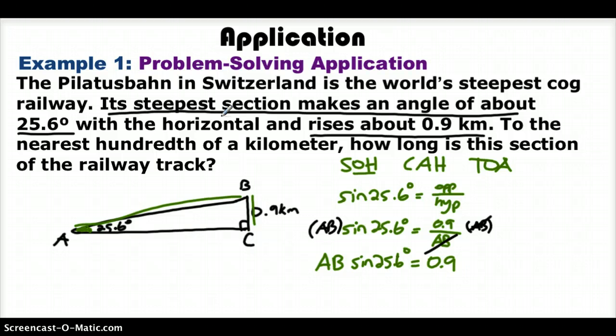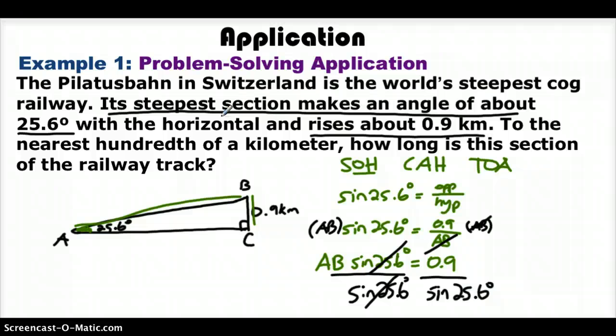To isolate AB, I now need to divide both sides by the sine of 25.6 degrees. These just divide to equal 1, so AB is going to be equal to 0.9 divided by the sine of 25.6 degrees.